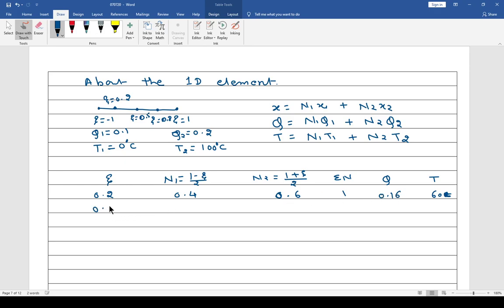Then for 0.5, so 0.5 divided by 2, this will be 0.25, and this will be 0.75.